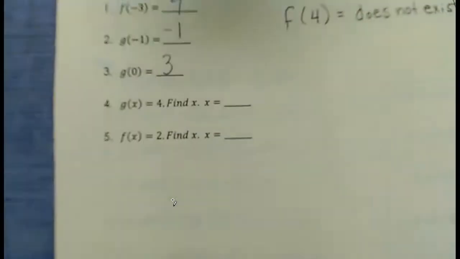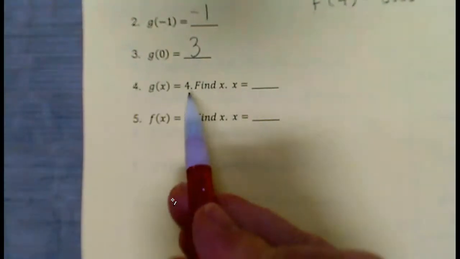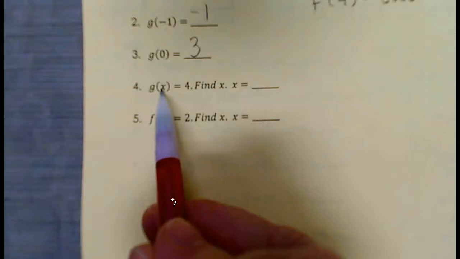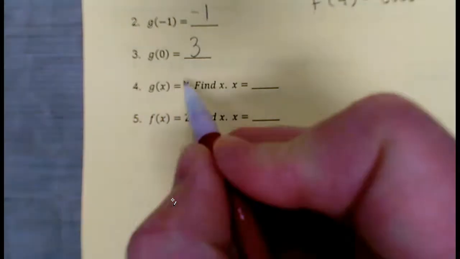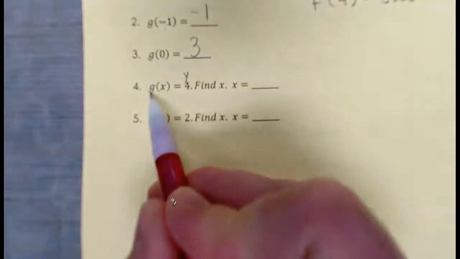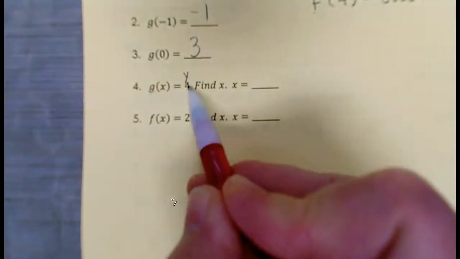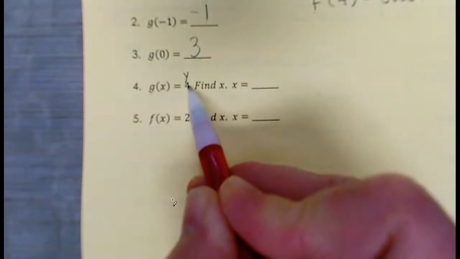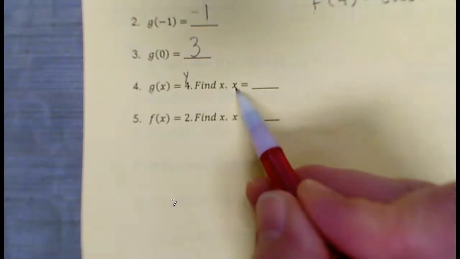Okay, well, what if this one's set up a little bit different? It doesn't give me the x value. It gives me the y value. In the table called G, if the y value is 4, what is the x value that goes with it?